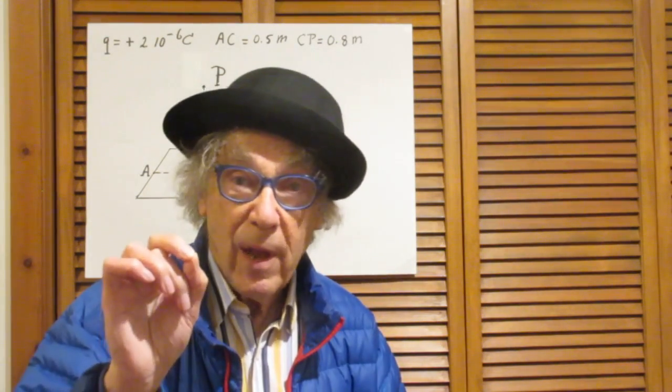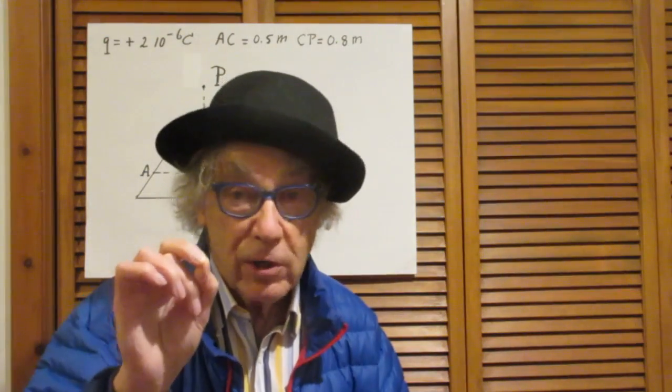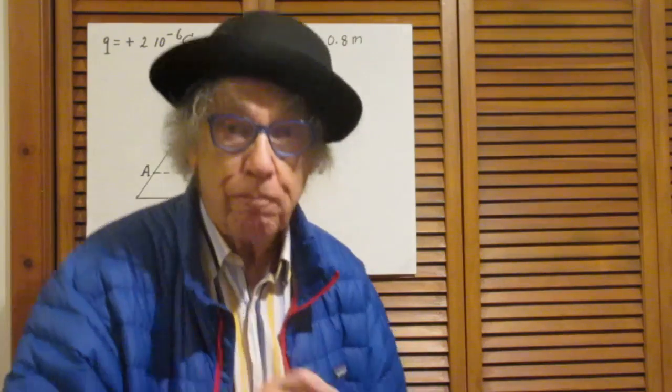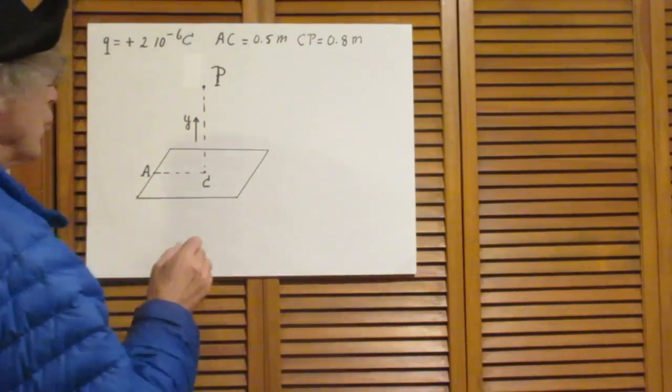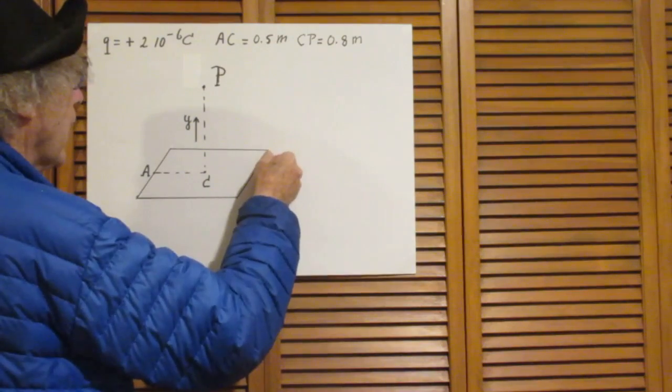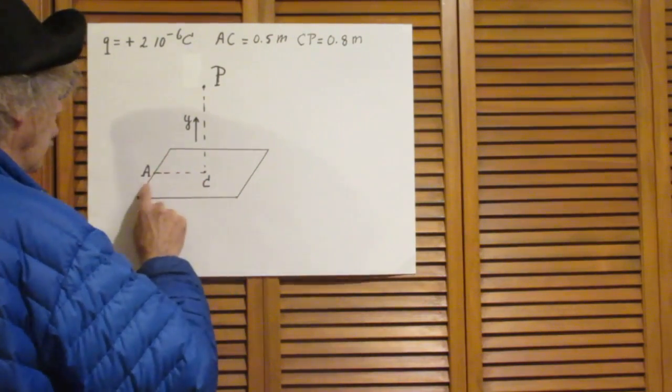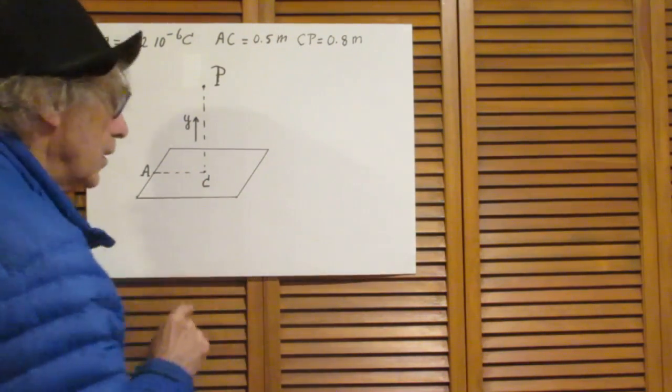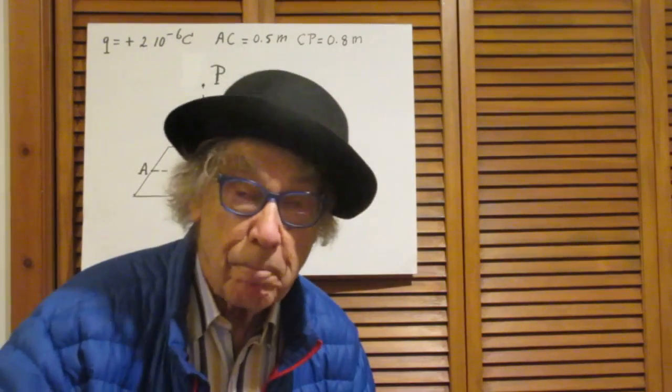So I make the charge distribution uniform. So the amount of charge that is on 1 centimeter here, or there, or there, or here, will all be the same.